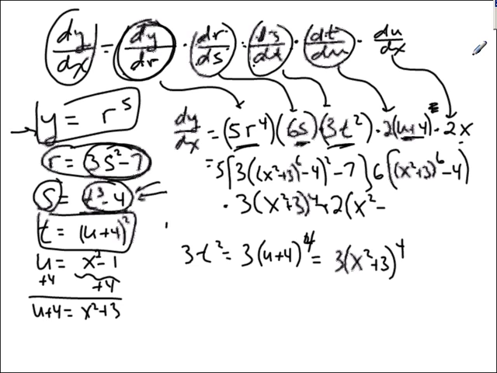The u plus 4 is x squared plus 3 times 2x. You should probably multiply the 5 by the 6, by the 3, by the 2, by the 2, and pull that out in front. But other than that, here is the answer.